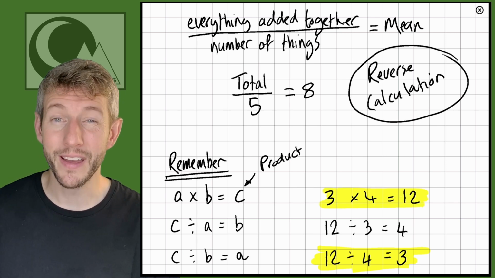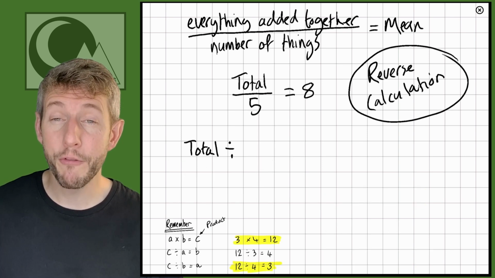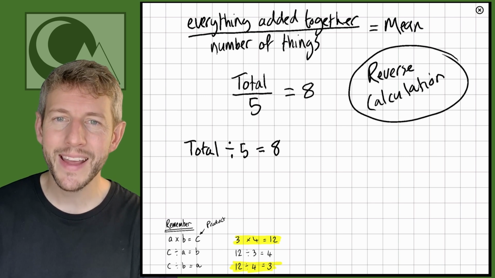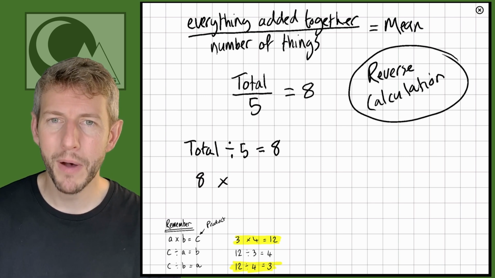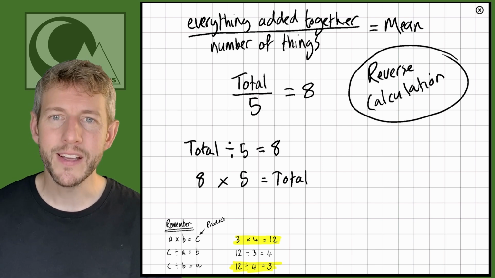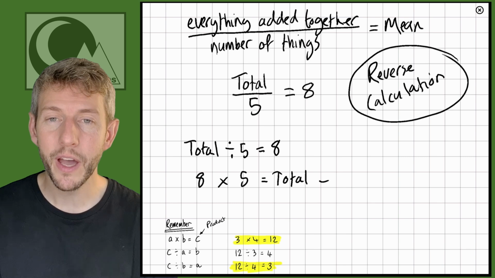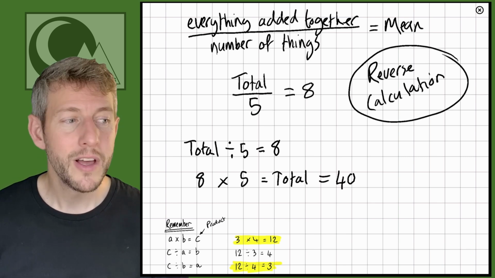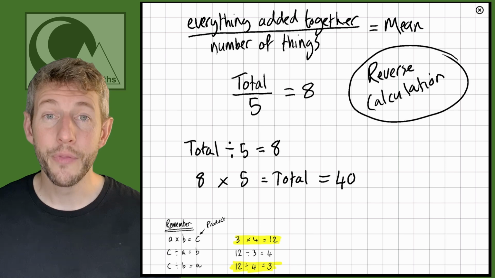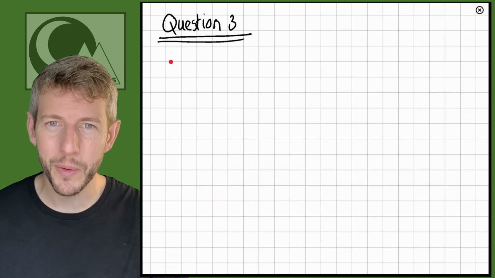So if we've got everything added together divided by 5 equals 8, we know that 8 times 5 must equal everything added together. So we can simply do 8 times 5, and that will equal 40. So when we look at 5 numbers which have a mean of 8, we know that altogether they added up to 40.